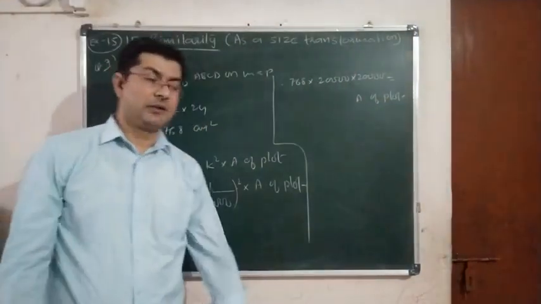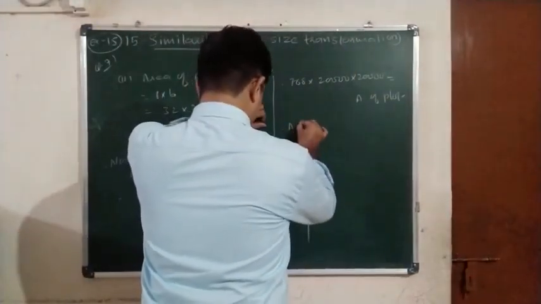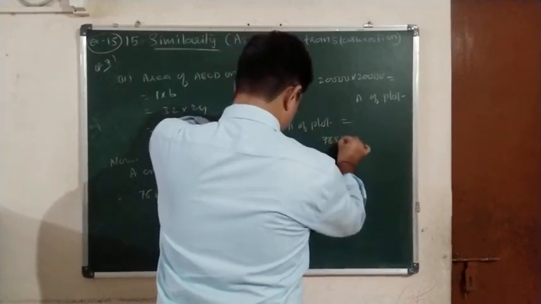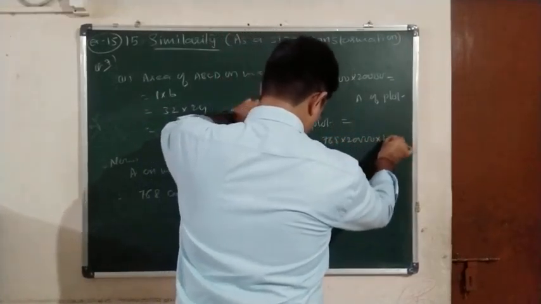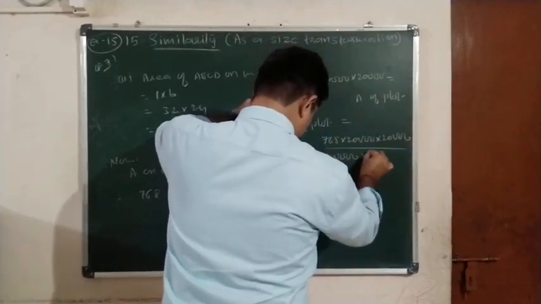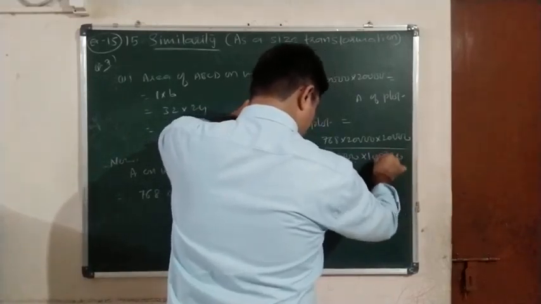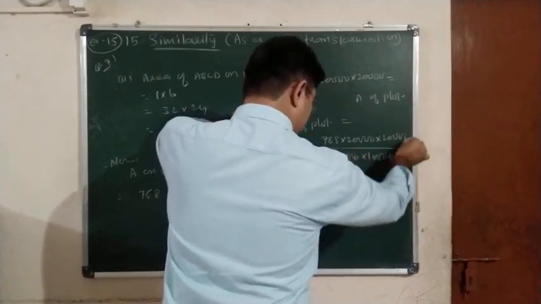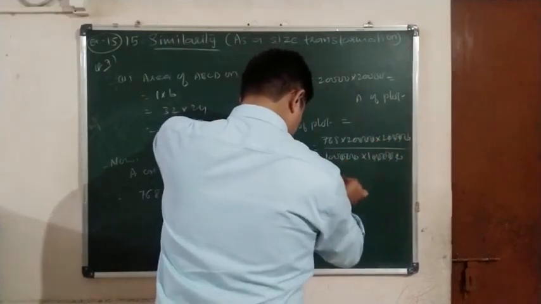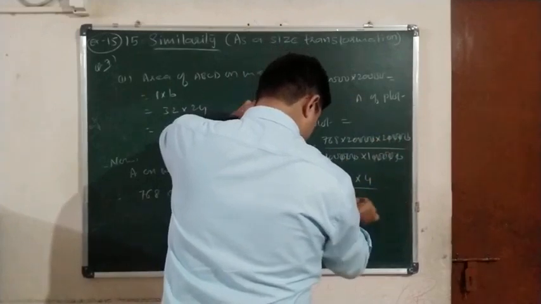So in order to convert into square kilometers, we'll divide by 1 lakh into 1 lakh. Therefore, area of plot is equal to 768 into 20,000 into 20,000 upon 1 lakh into 1 lakh. Okay, so 768 into 4 divided by 100.